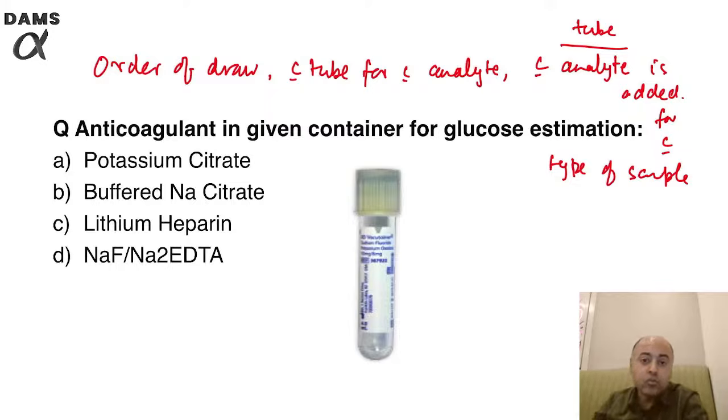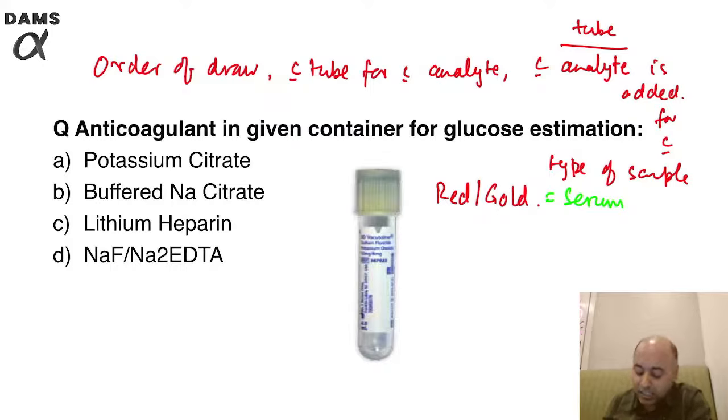Okay, so we keep getting different types of color tubes. The primary sequence that you have to remember: first, the red vial or the gold top vial. This red or gold top vial is the one which is going to give you the serum, and therefore you will do the biochemistry and immunological tests in this one.